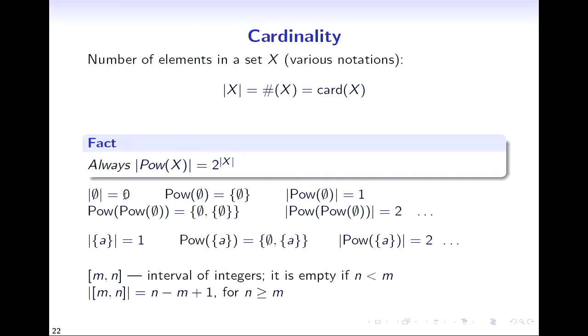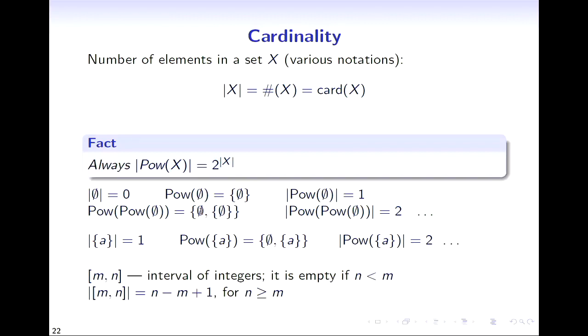The empty set has 0 elements. The power set of the empty set, that is the set of all subsets of the empty set, actually does have 1 element. And that is because the empty set itself is a subset of the empty set. So the power set contains this 1 element. Now, if you take the power set of this set, that is the set of all subsets of this set, you will actually obtain 2 elements.